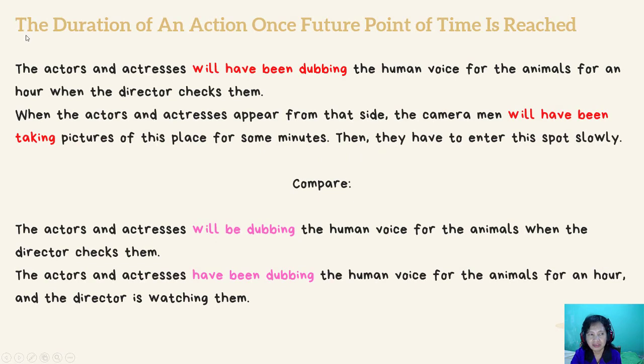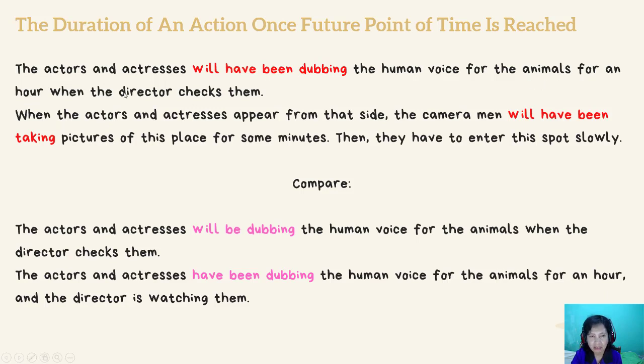Let's see the first. The duration of an action once the future point of time is reached. So, to express the duration of an action, the actors and actresses will have been dubbing the human voice for the animals for an hour. This is the duration.